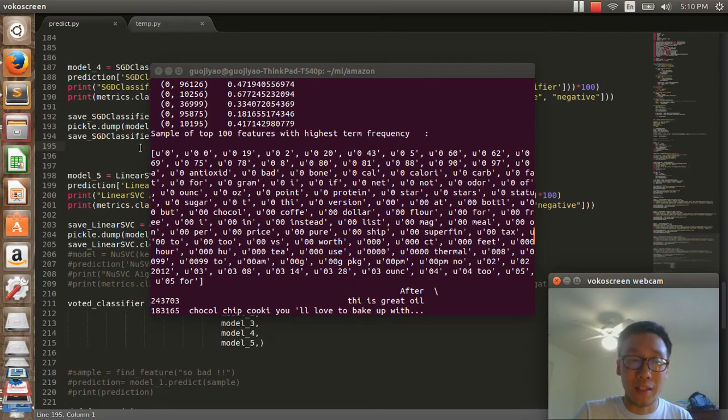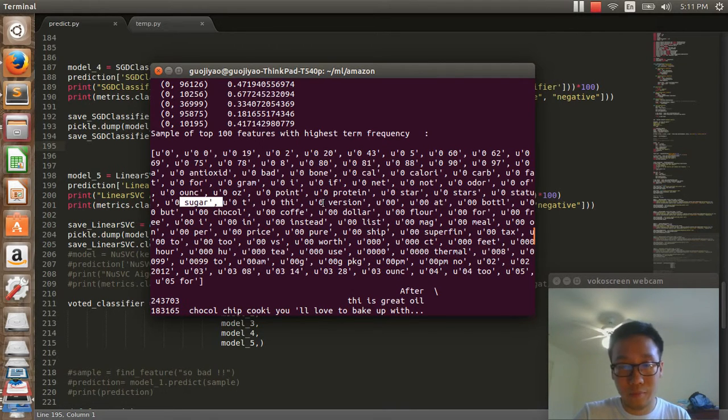Here is a sample of the top 100 features with the highest term frequency. Terms with a high term frequency are usually not very useful, like coffee, chocolate, sugar, so you cannot tell whether the review is positive or negative from only a word like coffee.